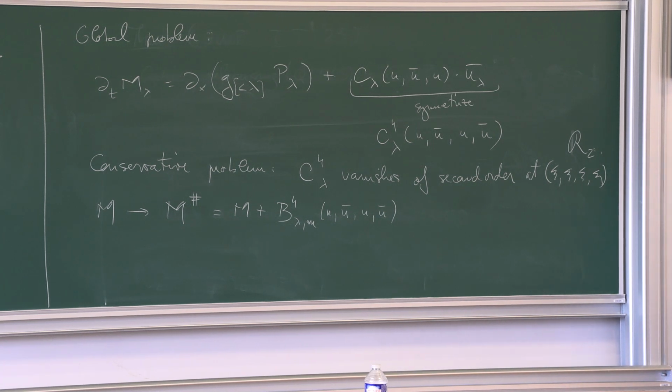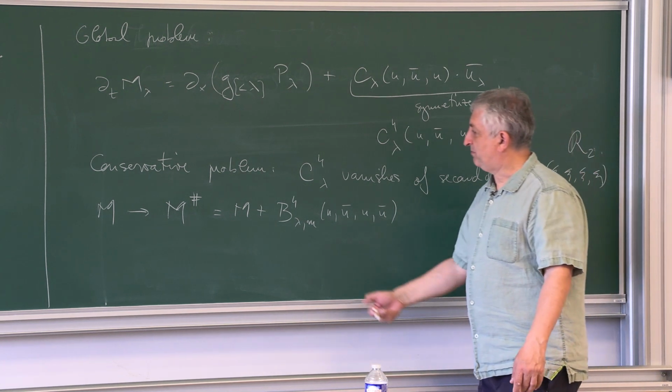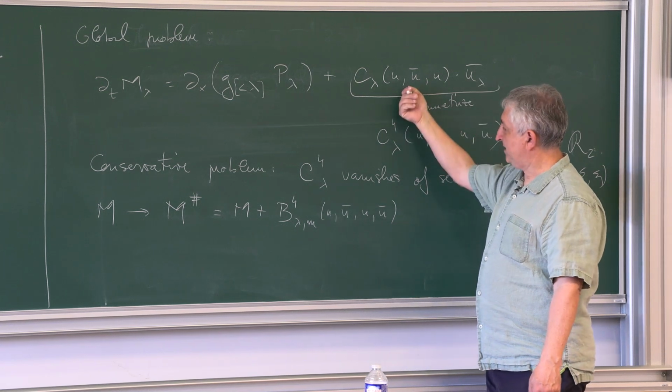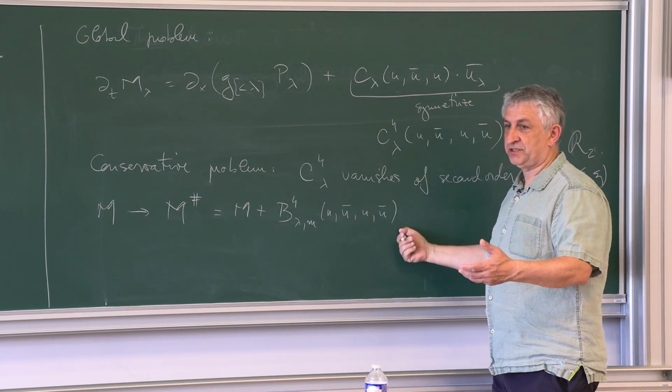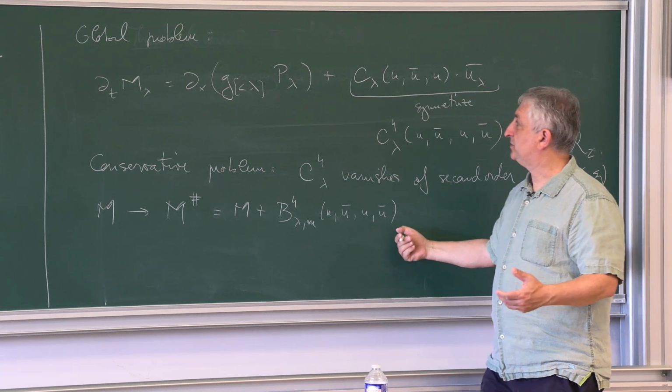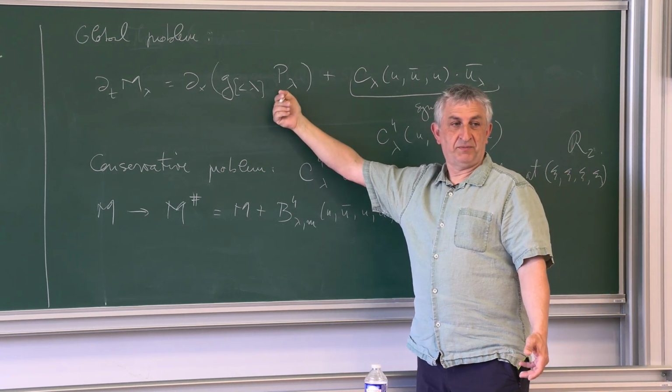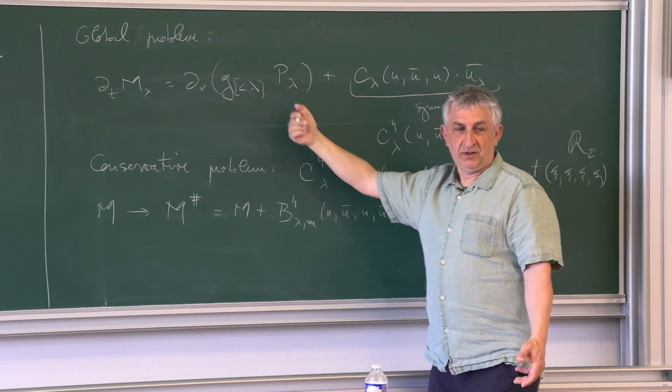All right. And so perhaps I'm hoping to get rid of C by adding a correction to mass. But of course, when I'm adding a correction to mass, I implicitly have to also allow a correction to the mass flux.